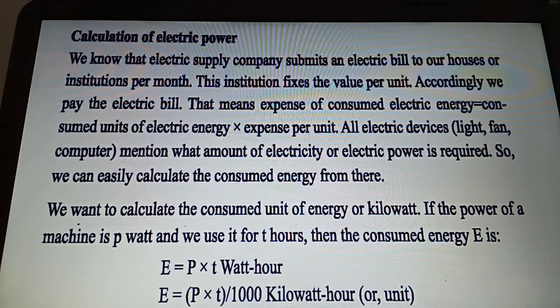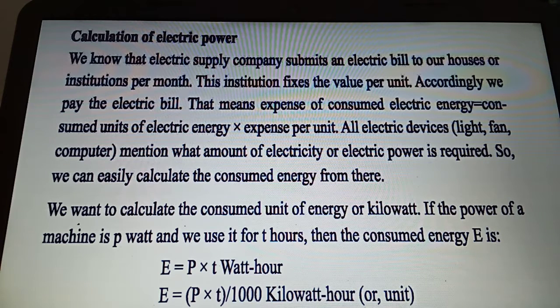That means the expense of consumed electric energy is equal to consumed units of electric energy into expense per unit. Electric devices, that is light, fan, computer, mention what amount of electricity or electric power is required. So we can easily calculate the consumed energy from there.